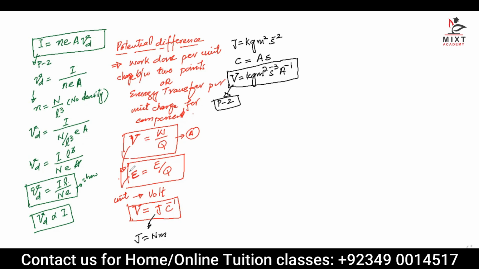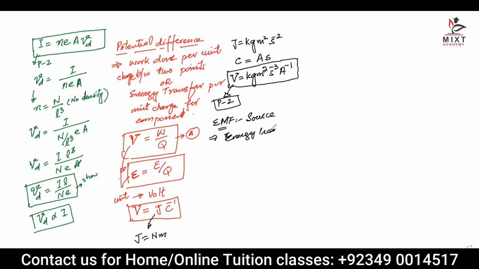So coming back to the topic, voltage is equal to W by Q. What is EMF now? The cell, the battery, is a source. The definition we have written is energy transferred.